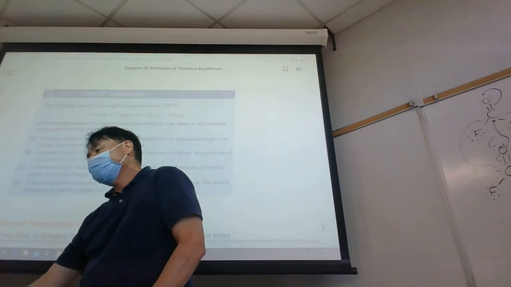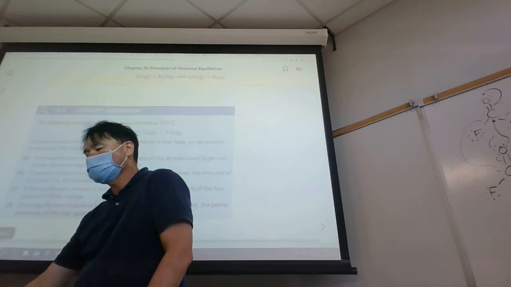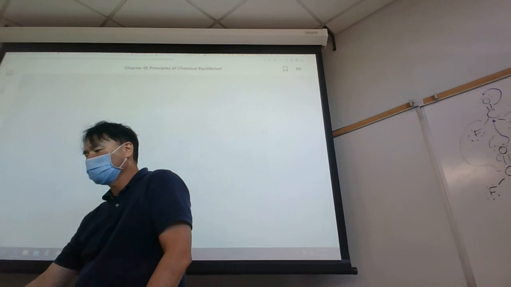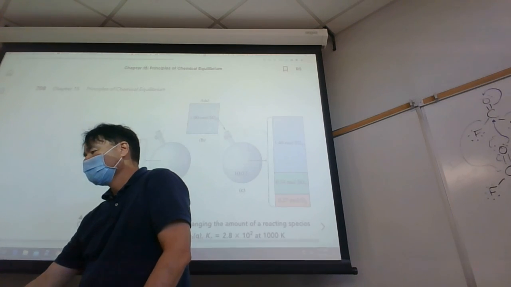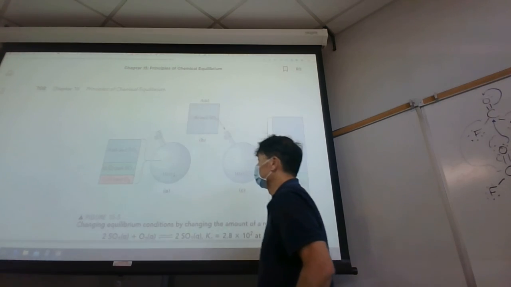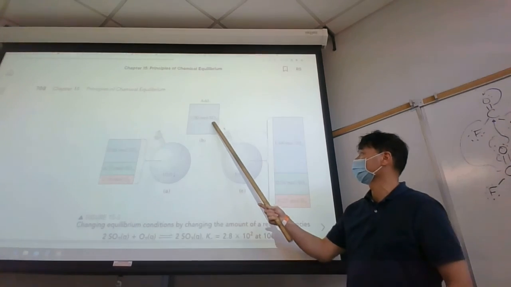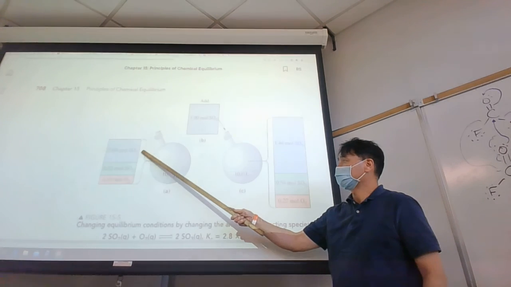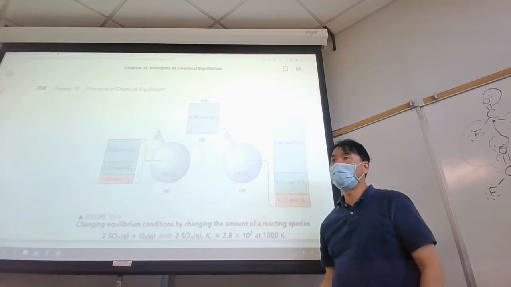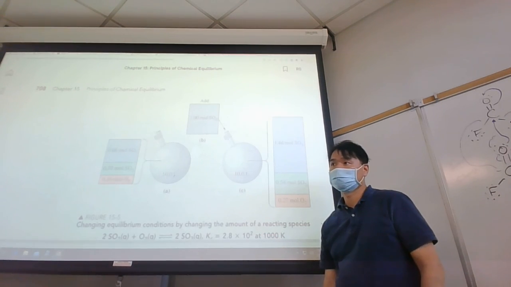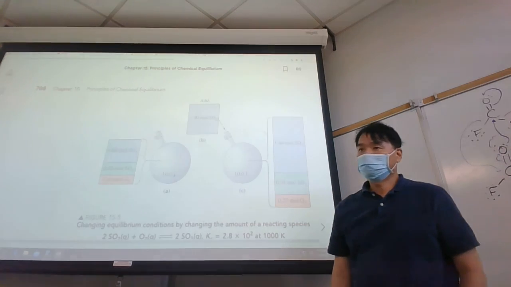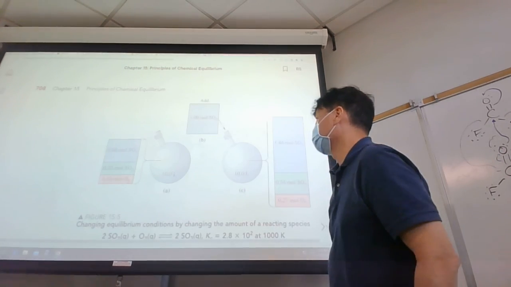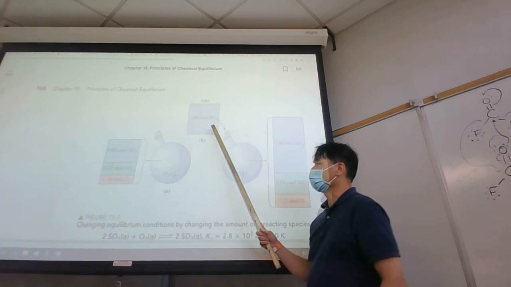There's another sister problem to this. The other sister problem is that if we add SO3, then the amounts of SO3, SO2, and O2 will all increase. Now, that's a bit tricky because it depends on what you compare it to.